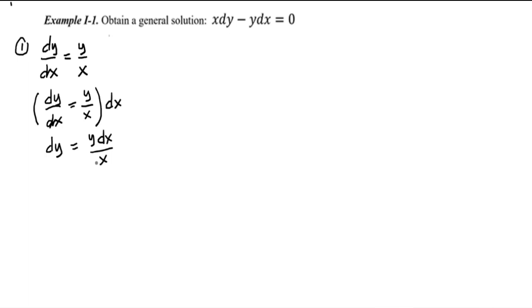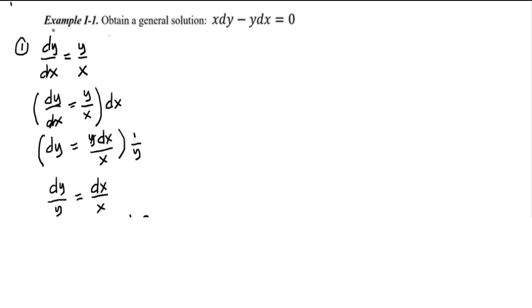Then you may proceed to place the y variable with the dy and likewise the x variable with the dx. In this situation, we just multiply by 1 over y to cancel this y. So you have dy over y is equal to dx over x.